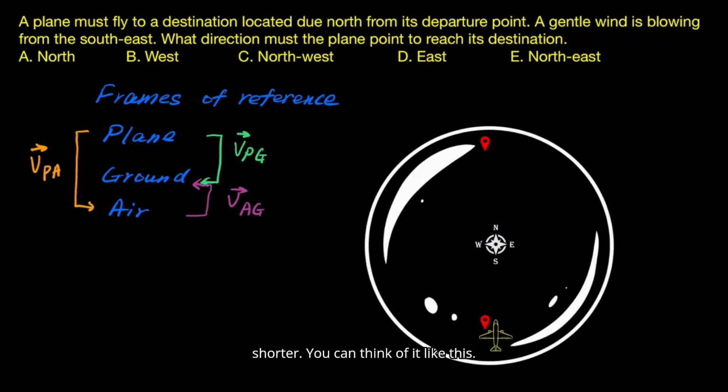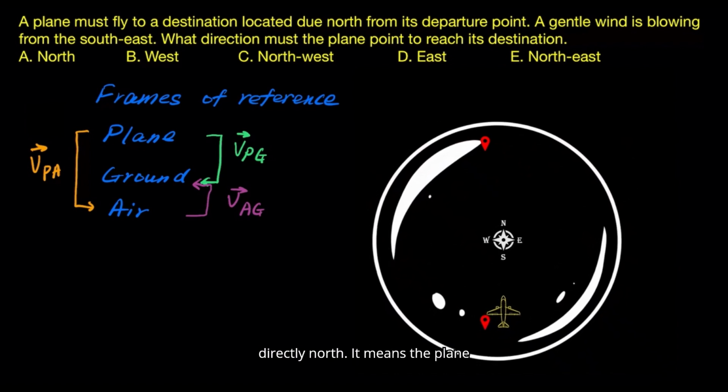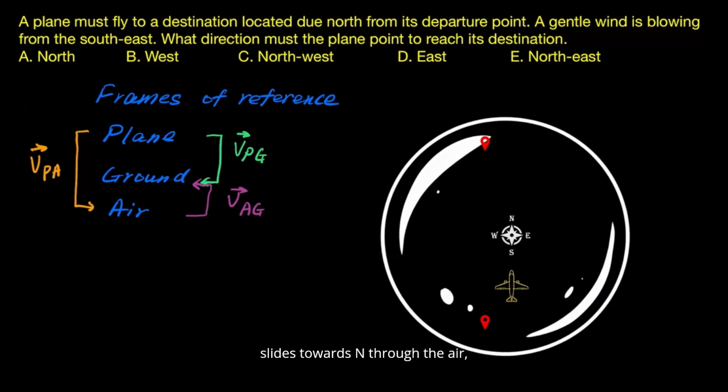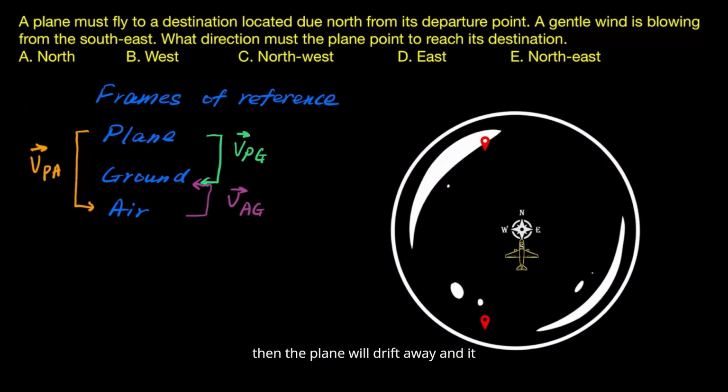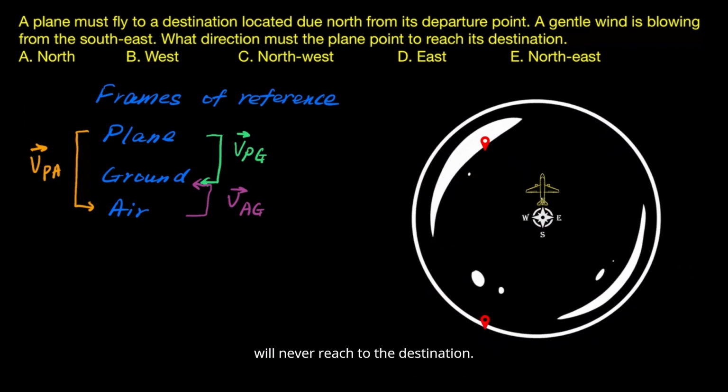You can think of it like this. The plane is flying in a giant invisible air bubble. The air bubble moves with a velocity towards the northeast and will take the plane to move together with it. If the pilot points the plane's nose directly north, it means the plane flies towards the north through the air. Then the plane will drift away and it will never reach the destination.